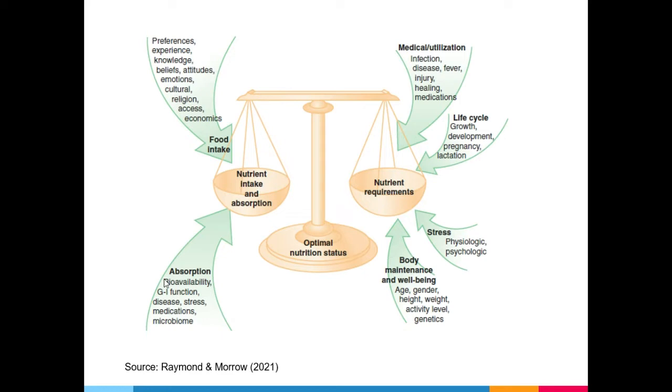Because the disease state would also affect our absorption, such that if deficient ta ani nga mga nutrients, then our GI tract would tend to absorb more nutrients to compensate for the deficiency. Okay, but that's a factor actually under here in nutrient requirements.